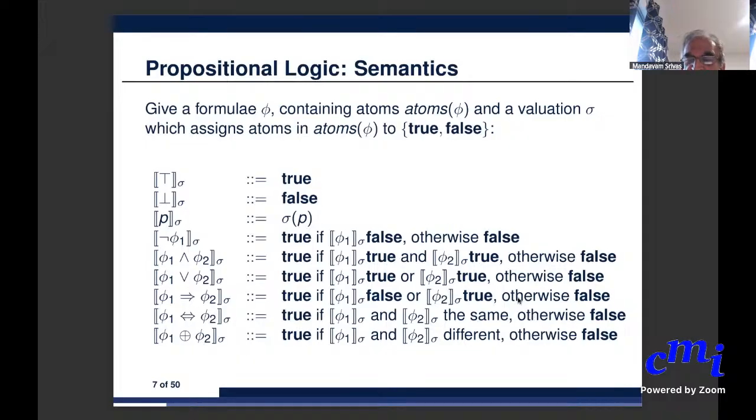Why is there an otherwise? There is no otherwise here, right? I think this is redundant. These are the only two possibilities. Phi 1 can either be false or true, and therefore the first two cases capture the whole thing, and there's no need for otherwise.